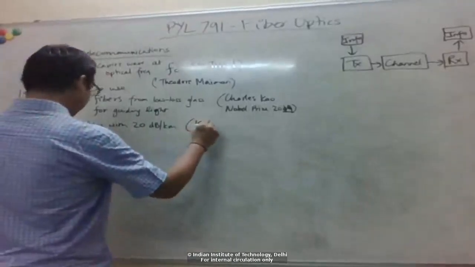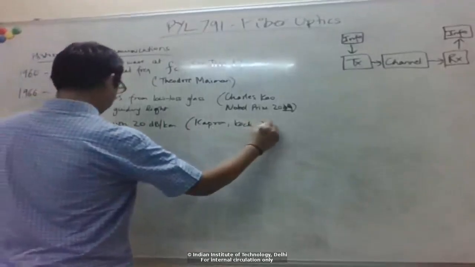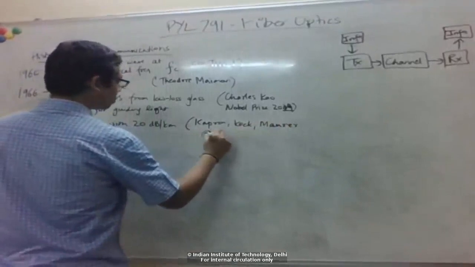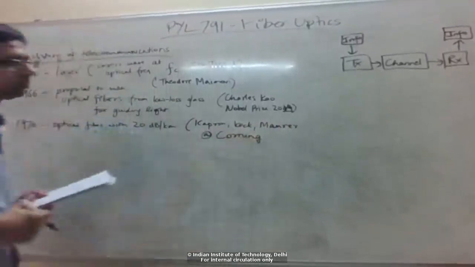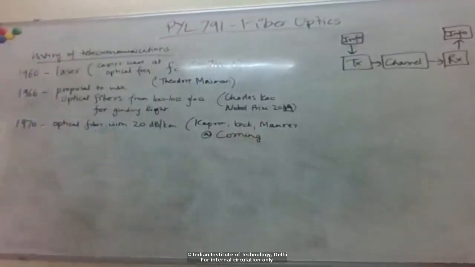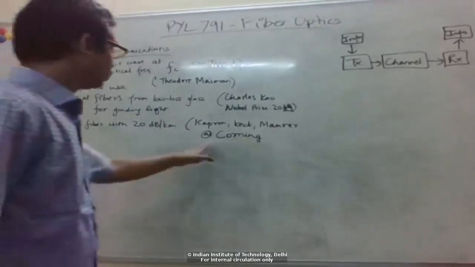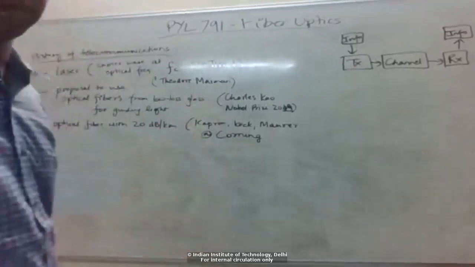This was done by 3 people at the Corning Glass Company. Corning is a very famous glass company which makes all kinds of things out of glass. And particularly for information technology, they also make optical fibers of high quality.